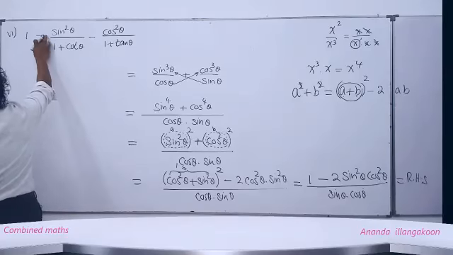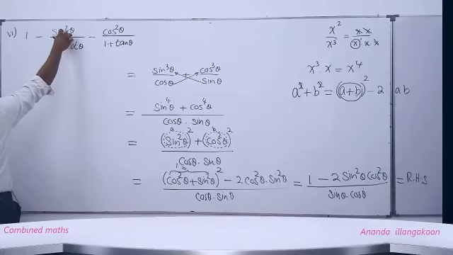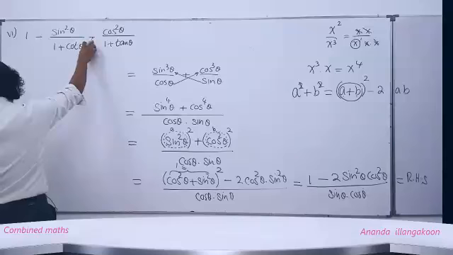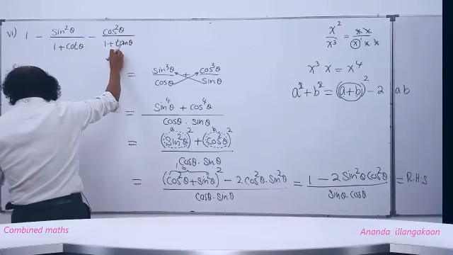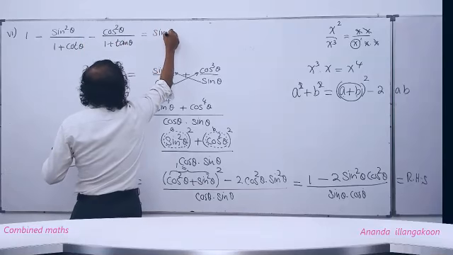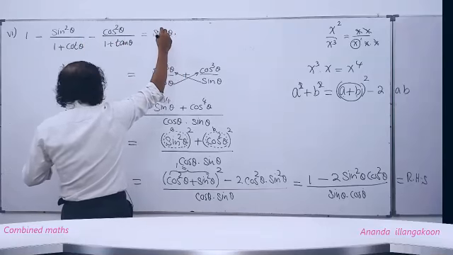It's 1 minus sin square theta divided by 1 plus cot theta, minus cos square theta divided by 1 plus tan theta, is equal to sin theta times cos theta.